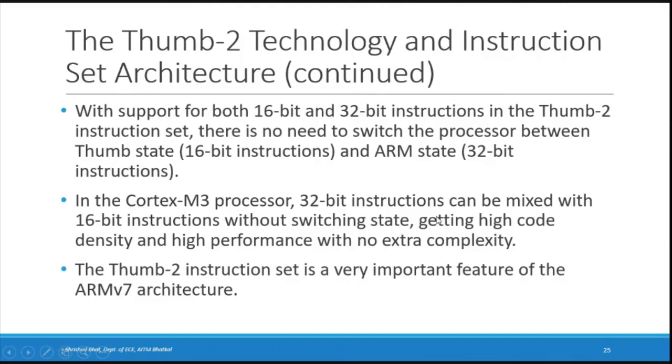For state switching, there are certain overheads, some timing constraints. Those are avoided by mixing them together. So the Thumb 2 instruction set is one of the very important features of this version 7 architecture, the Cortex processors.